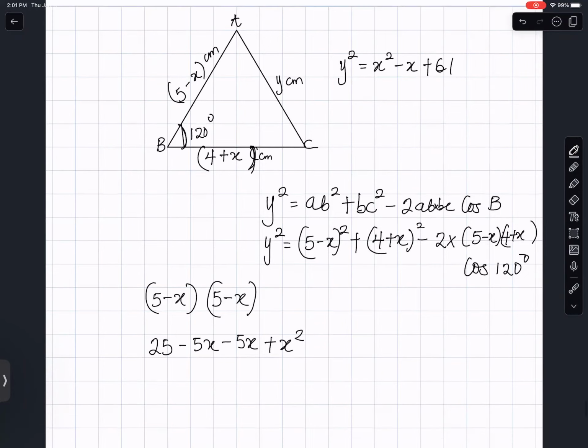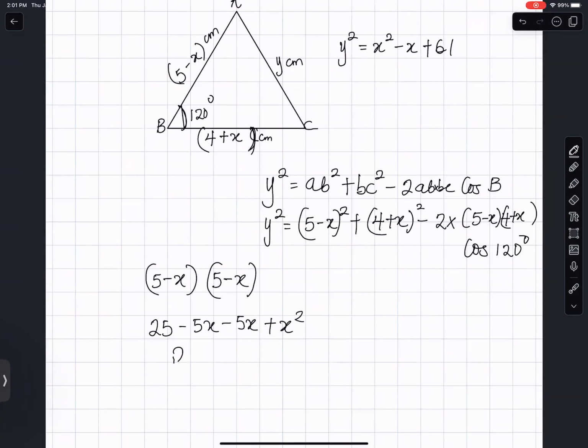So we have 25 minus 10x plus x squared. So (5 minus x) squared is already expanded. We are also going to expand (4 plus x) squared. So I have 4 plus x and 4 plus x.